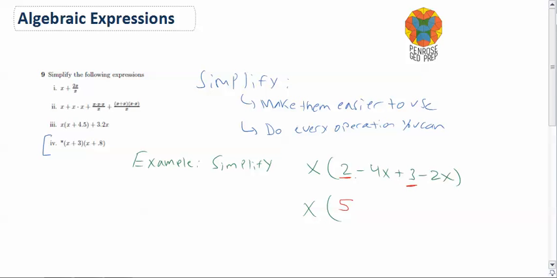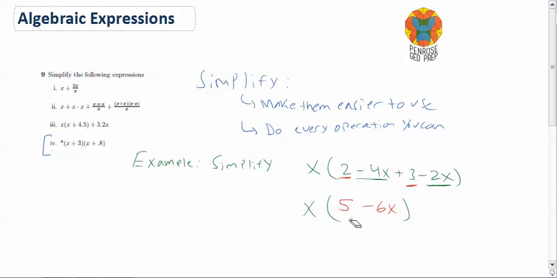Now we also have negative 4x and negative 2x. When we subtract 2x from 4x, we get negative 6x. So now we have x times 5 minus 6x. There's no more operations that we can do on the inside of these parentheses because there are no more like terms.